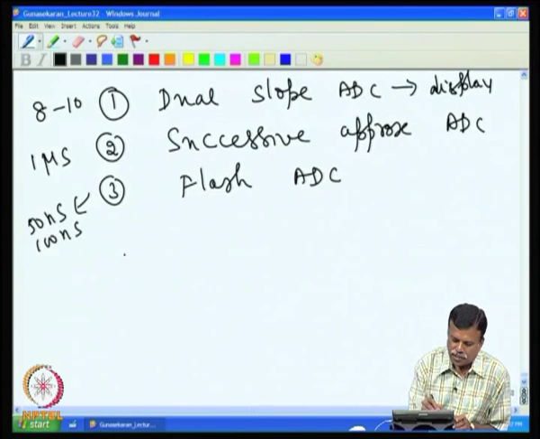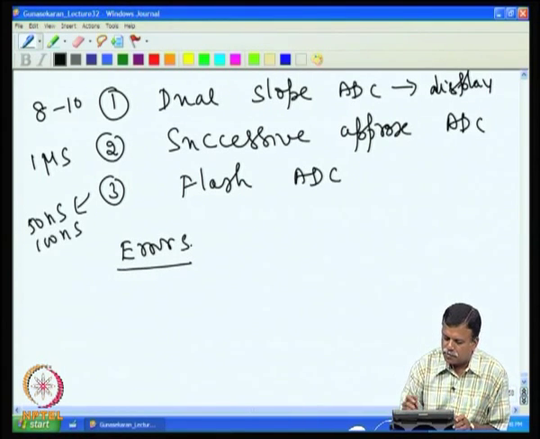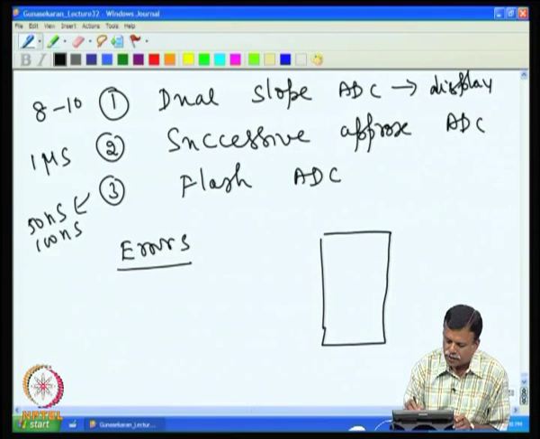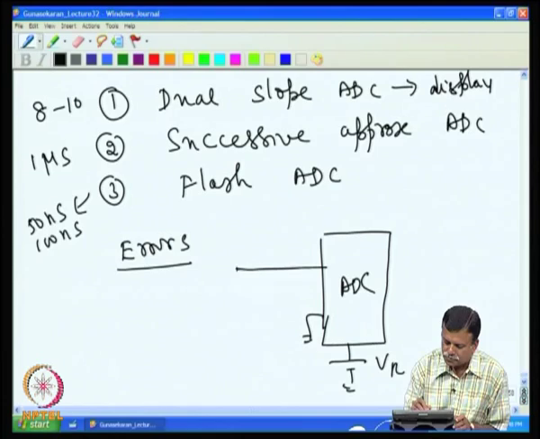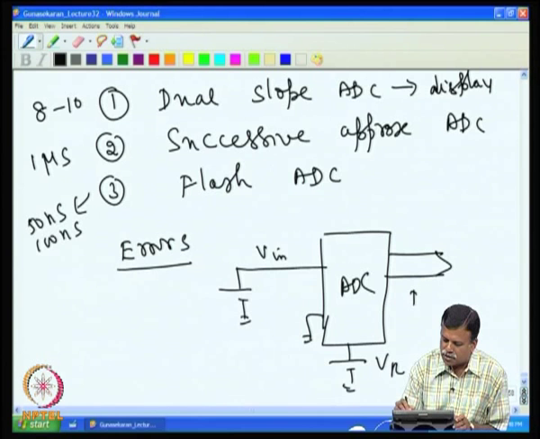So, if you look at the errors involved in all these A to D converters, for example, if I have an ADC, we have a reference voltage and then we have an input voltage, and then the digital output is coming here.